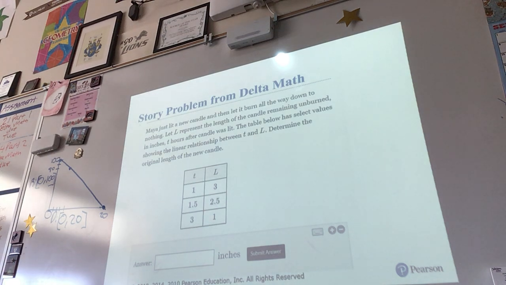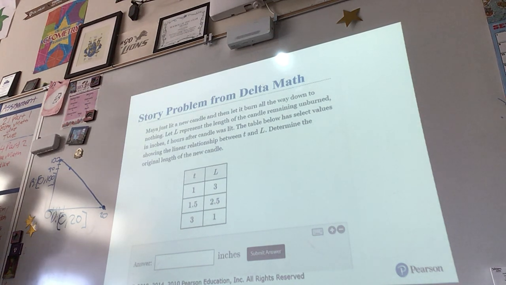And what it wants to know is what was the original length of the candle. There are 2 things it could ask you. It could ask you for a slope, or it could ask you for a y-intercept. If it asks you for a slope, it's going to ask something like, how much does the candle burn every hour? So something about change, okay?